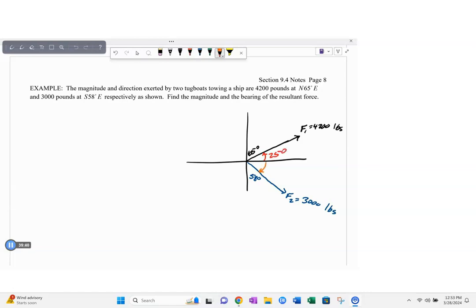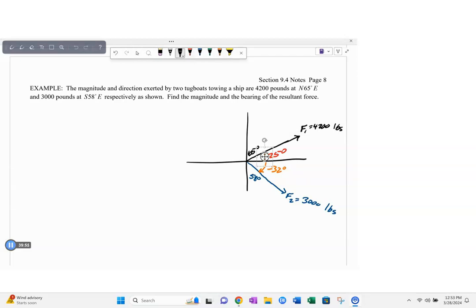This one down here, 58 minus 90 is a negative 32 degrees. And so that's number one. Let's find the actual angles that we wanted.